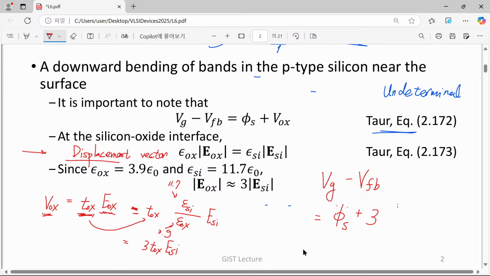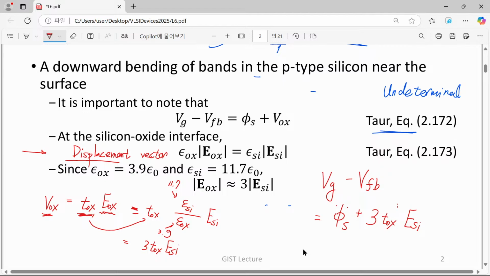So if you consider a different material system, then of course you have a different number, and Tox, and here we have the silicon electric field. Nothing has changed. I just express V ox, the oxide potential, in terms of the silicon electric field.